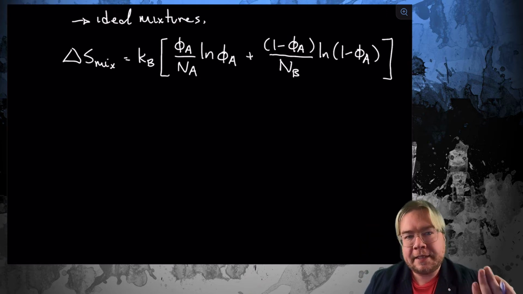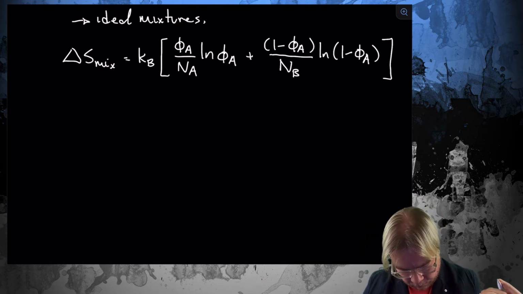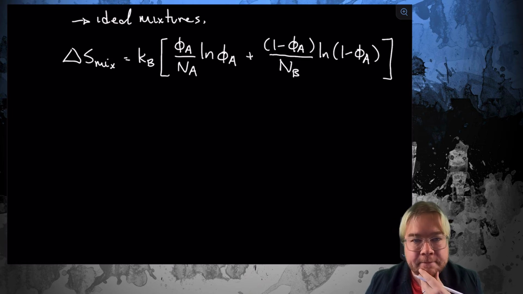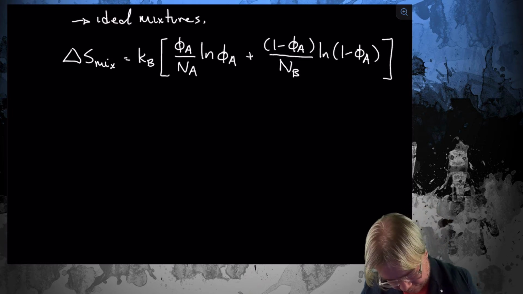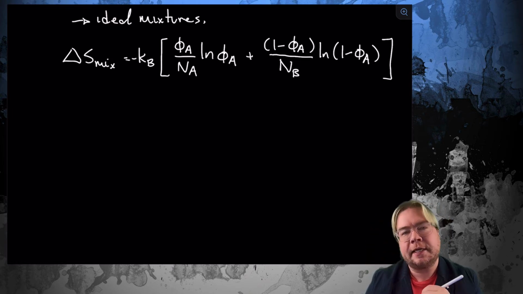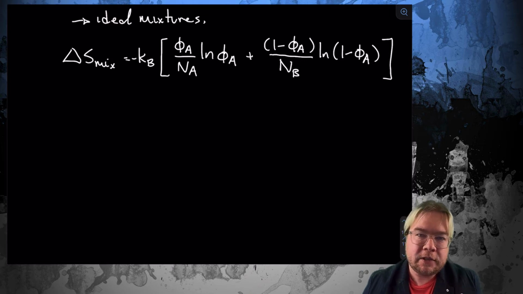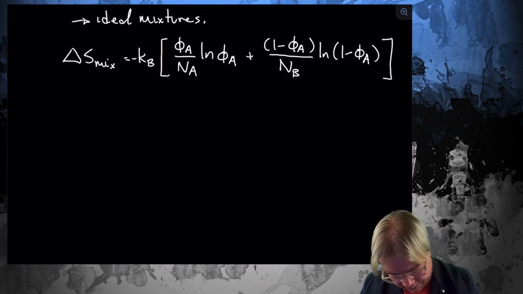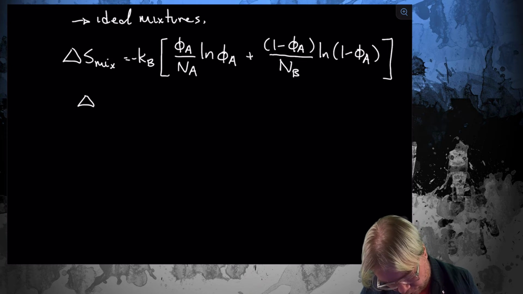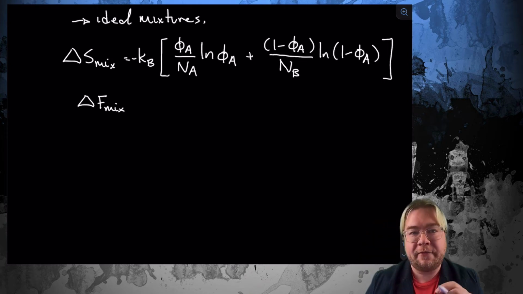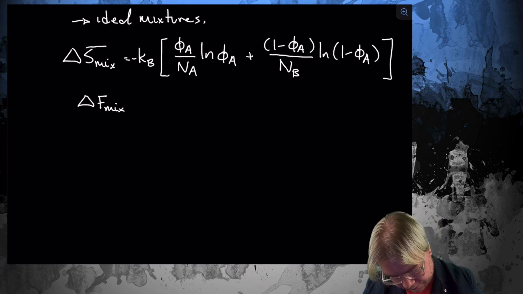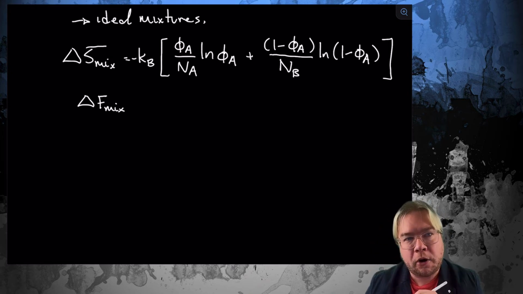So the next thing that we did was look at the free energy of mixing. In fact, I think I missed a minus sign, didn't I? There's a minus sign out front. The next thing we did was look at the free energy of mixing. And if you look at the Helmholtz free energy, the free energy of mixing, and I should also say before I do this, this is per particle.